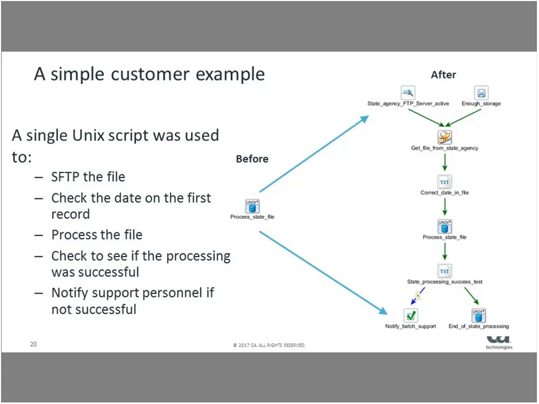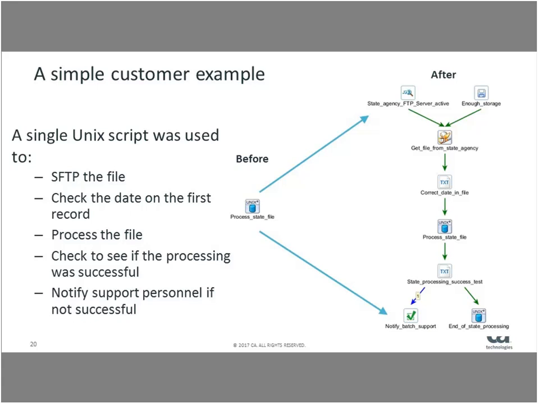I've already done a check to see whether my FTP server is available, as well as whether I have enough storage to get that file and put it on my file system, because something may have sucked up a lot of extra storage in that directory on the landing server I'm using for these FTPs. If that's the case, I want to know about it ahead of time and cut down my troubleshooting and pinpoint exactly what the problem could be.